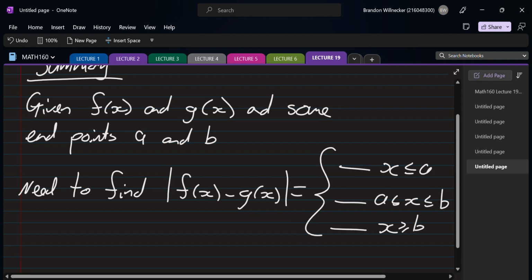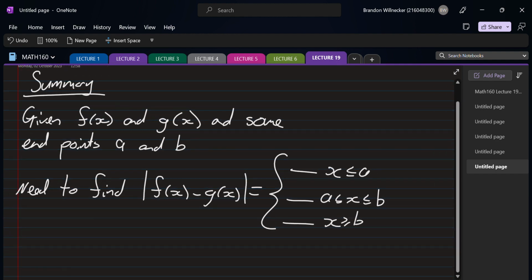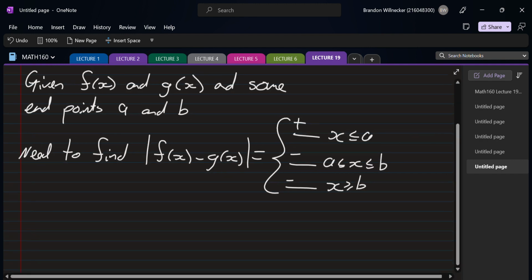Once you take the absolute value, it will split up into the different regions. Some parts will have a minus sign, other parts will have a plus sign. So maybe it looks like plus, minus, minus, for example. For the first bit, you put a plus sign. For the second two parts, the function was negative, so you would put a minus sign in front. Okay, and then that gives you your splitting up of the function.